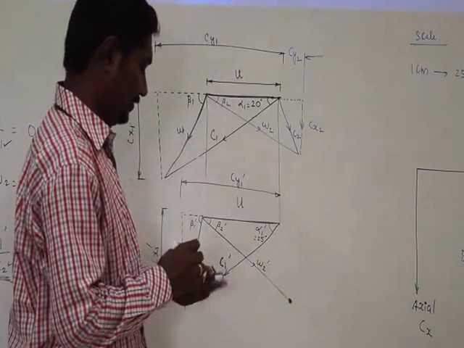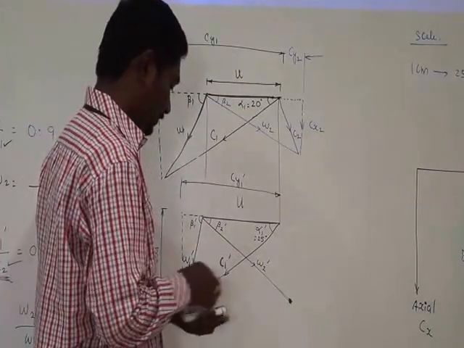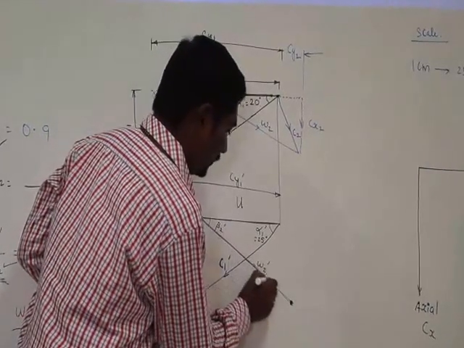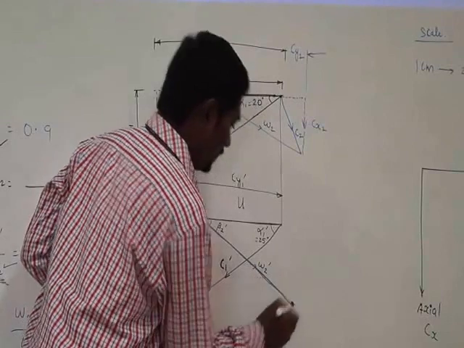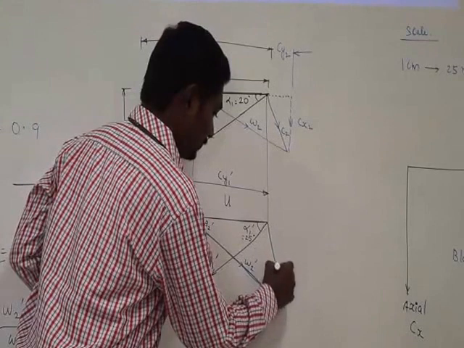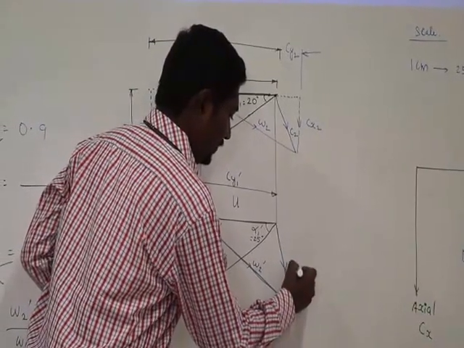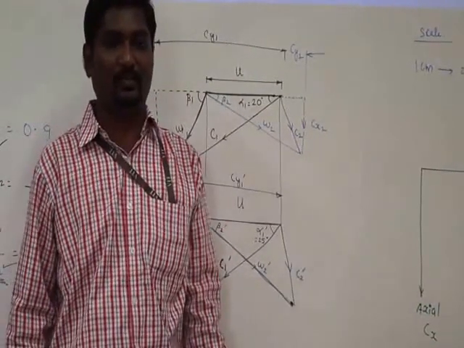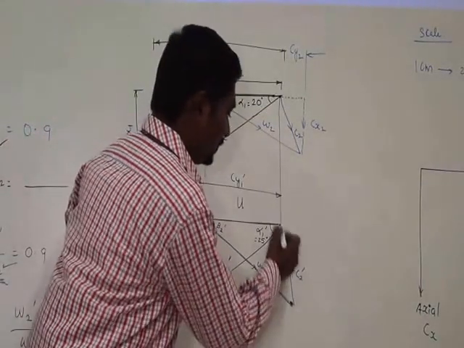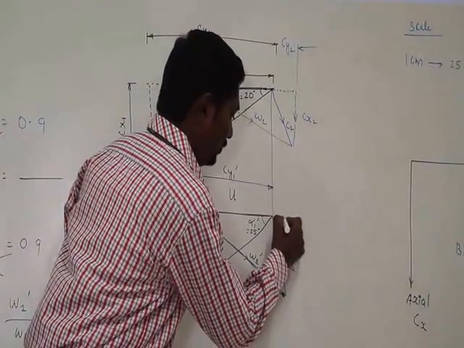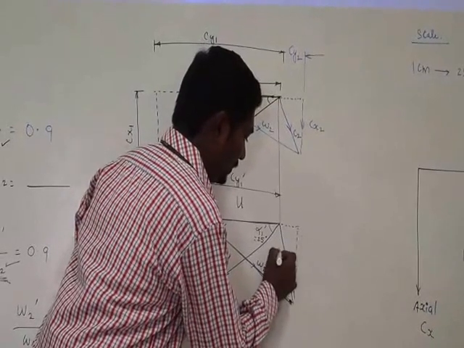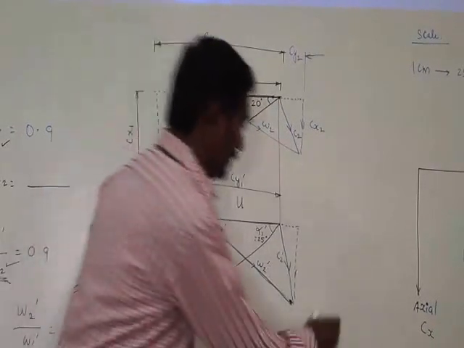After this, to complete the outlet velocity triangle for the second row of the moving blade, this is W, this is U, we join this. This represents the outlet fluid velocity for the second row of the moving blade, C2 prime. Now this C2 prime can again be resolved both horizontally and vertically.